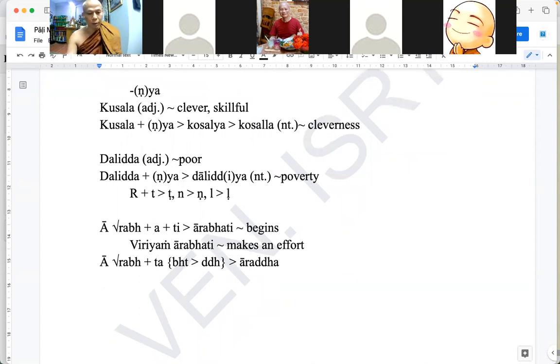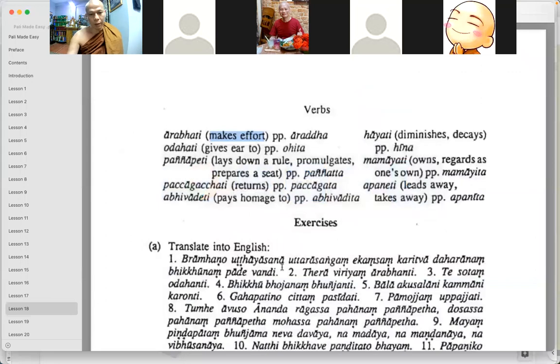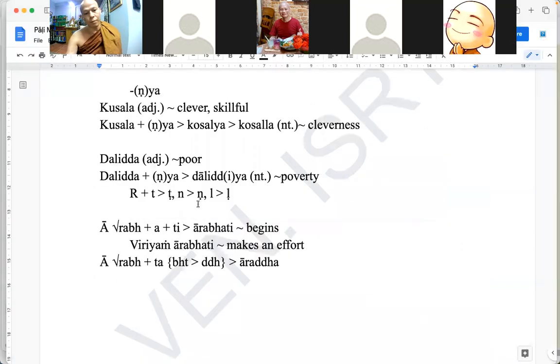Okay, and the next word. The next verb is odahati, which here gives the meaning of "gives ear to". Firstly, ava. The root is dha, which is reduplicated as dadha, and that dha is changed.